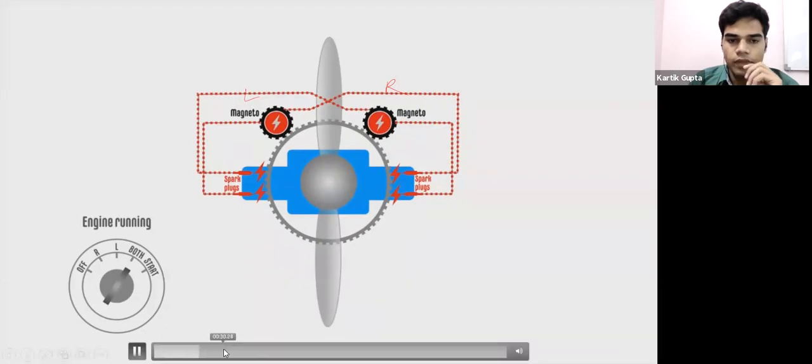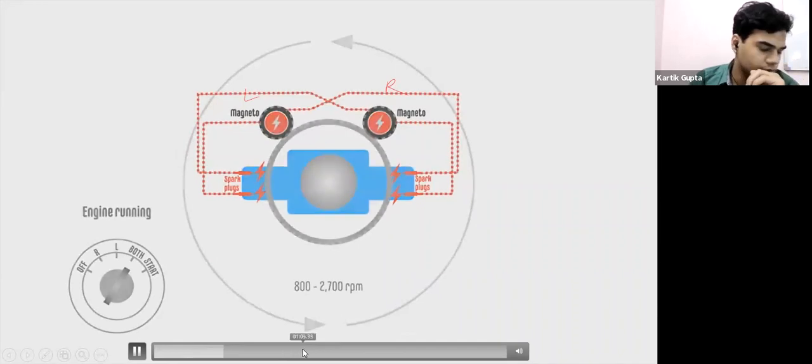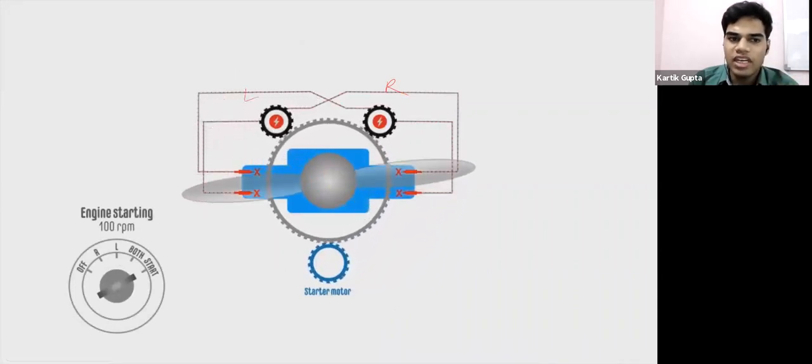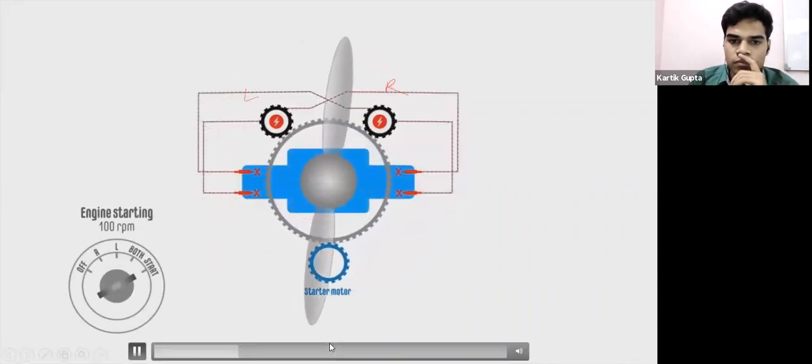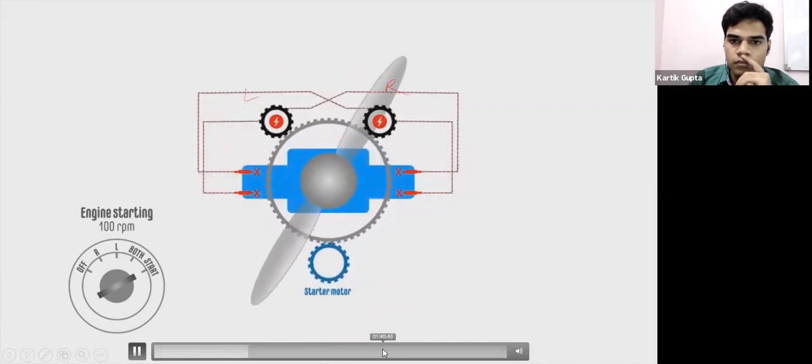Since the magnetos are mechanically driven by the engine, they need to be rotated fast enough to generate the current that is necessary. This is the RPM required. At startup, however, the electric motor drives the engine at approximately 25 to 100 RPM, and the magnetos are also slow. Thus, they generate insufficient current for the spark plugs.